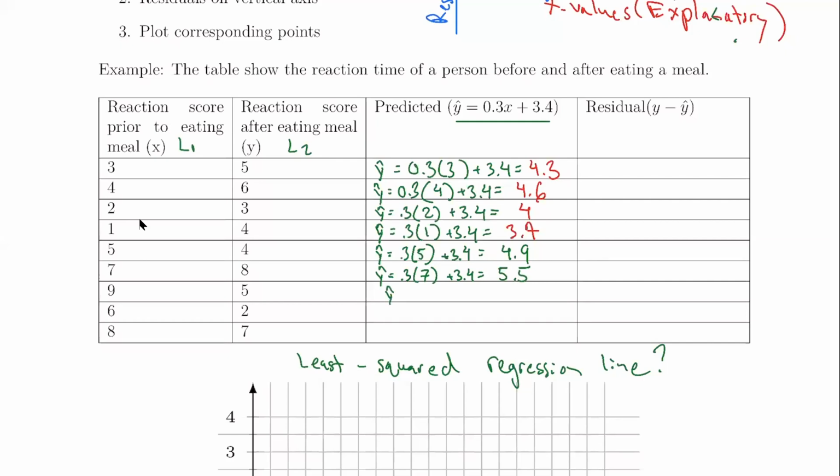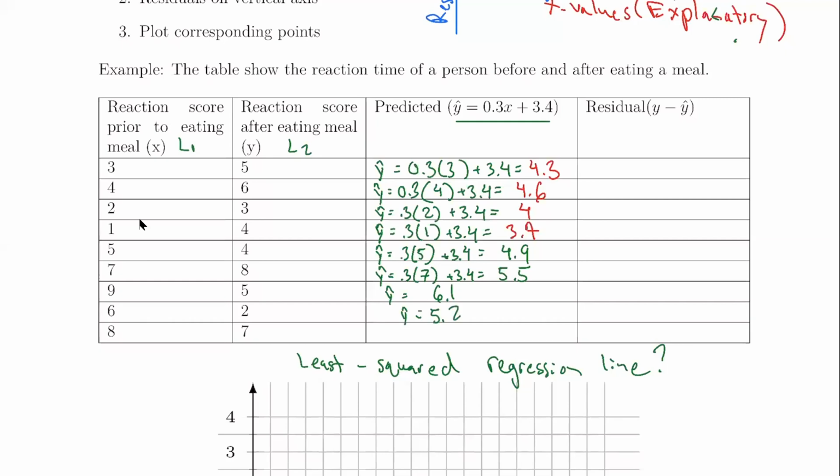All right, so you got y hat is equal to 0.3 times 9 plus 3.4. You get 6.1. Yeah, y hat is equal to 5.2.